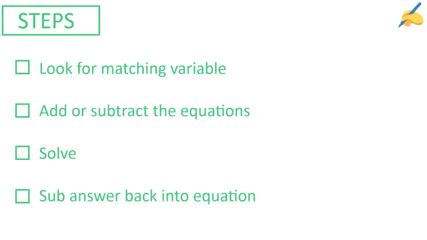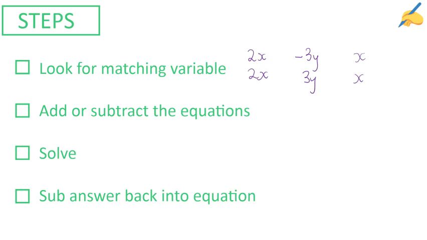These are the steps for elimination. So the first thing you're doing is you're going to look for a matching variable. So a matching variable might be 2x and 2x. They're matching. Or negative 3y and positive 3y. They're matching. Or x and x. They're all matching variables.